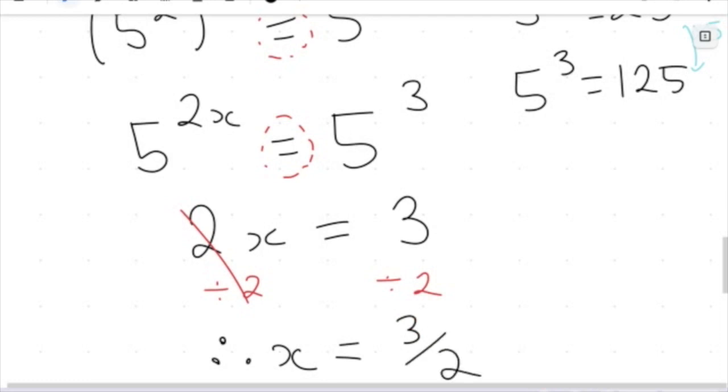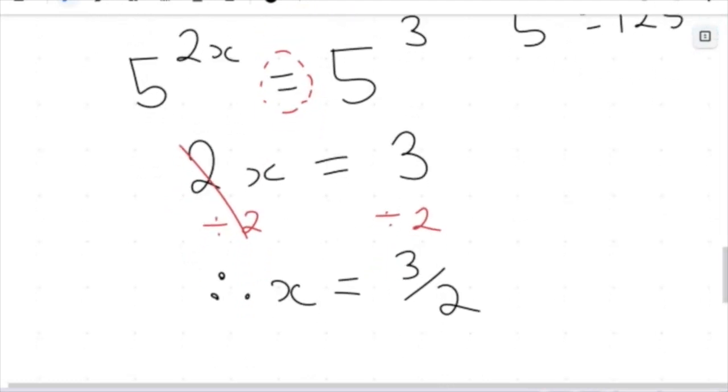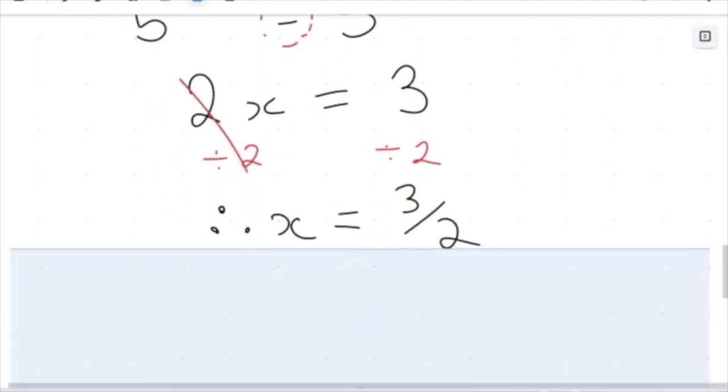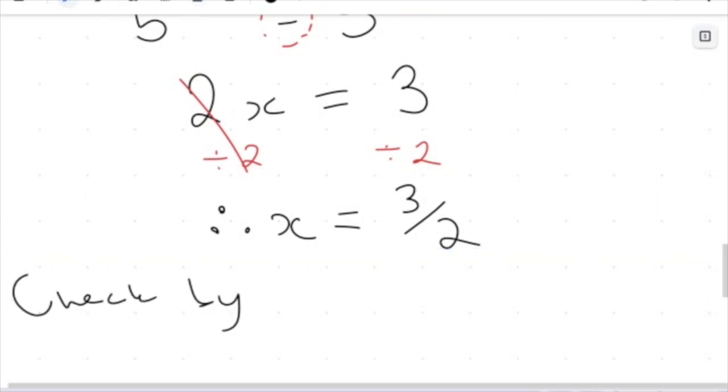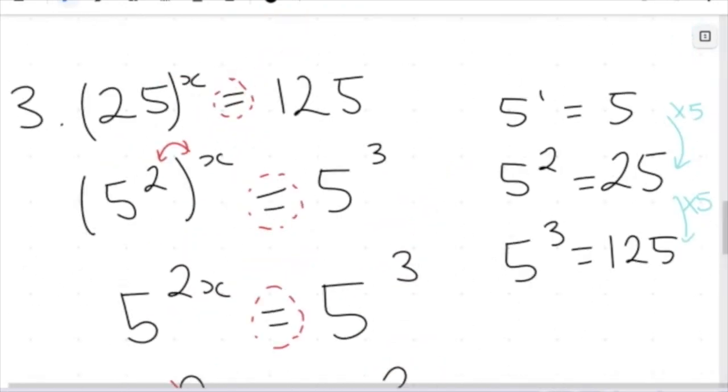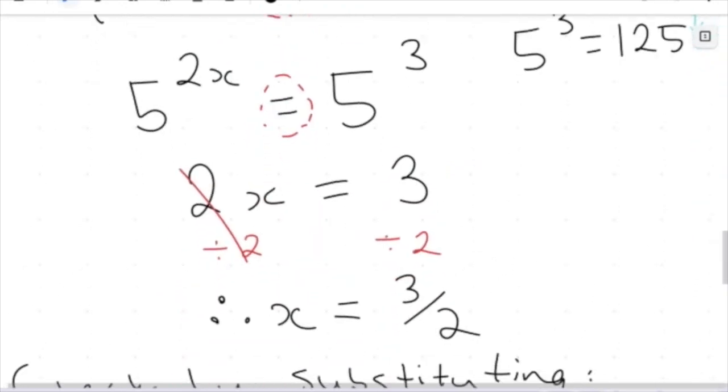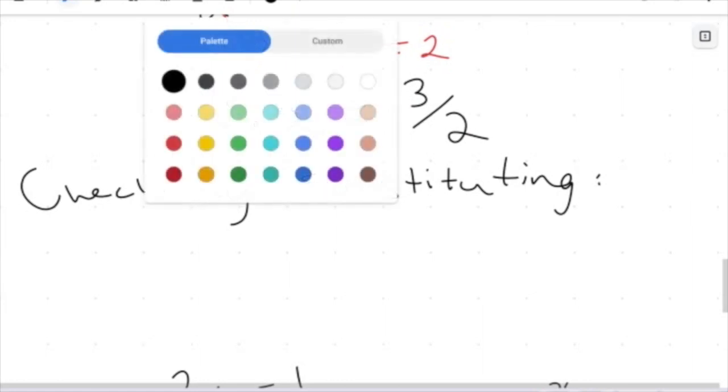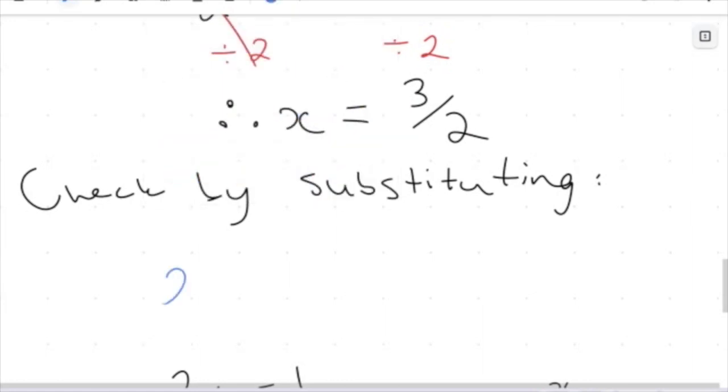This one is a little bit trickier, but we can also just check, like we do with all equations, by substituting. So I'm going to substitute x equals 3 over 2 into my equation here. So I have 25 to the power of 3 over 2.